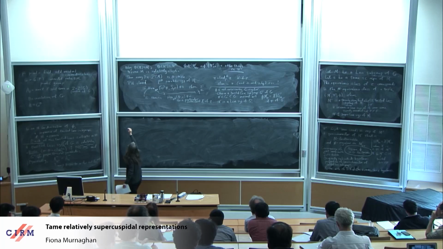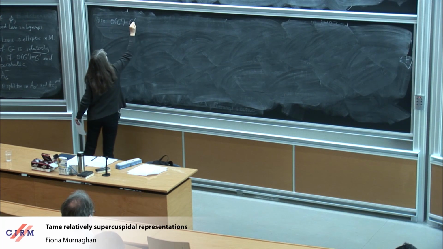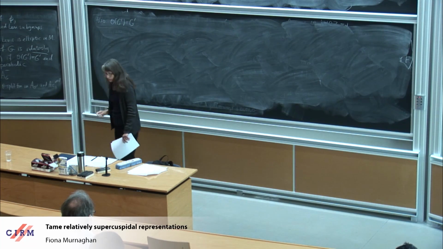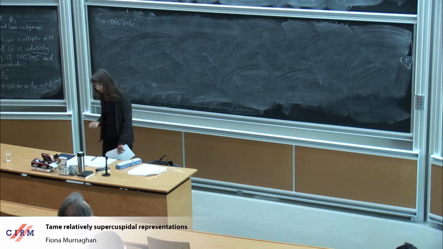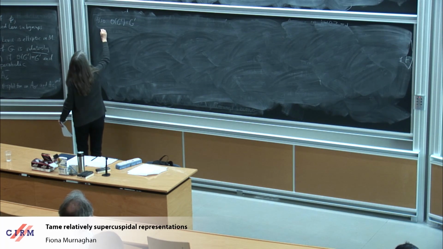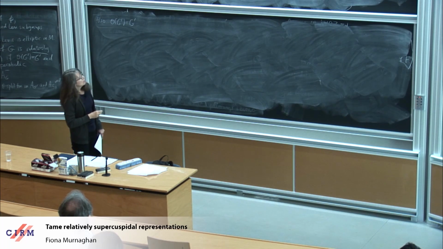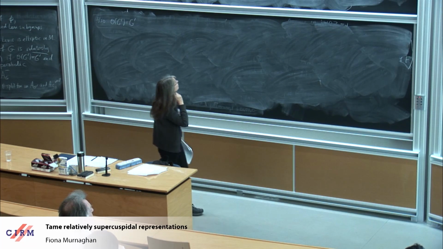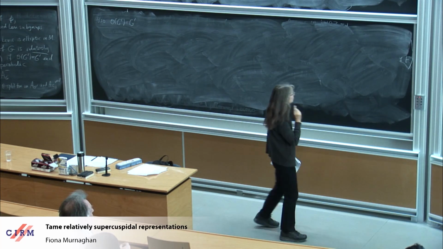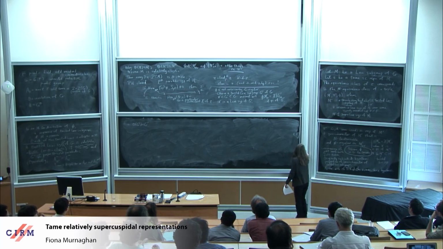M prime is actually going to be a Levi subgroup of G prime. Also, G prime is going to be theta stable. I want it to be maximal, sorry.